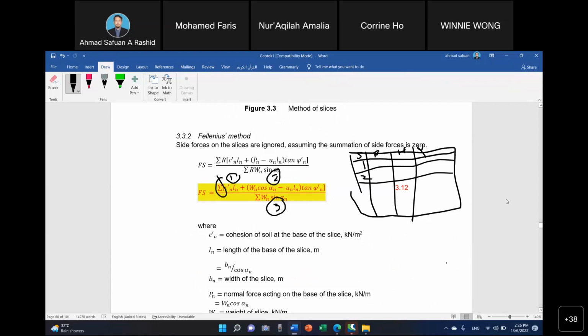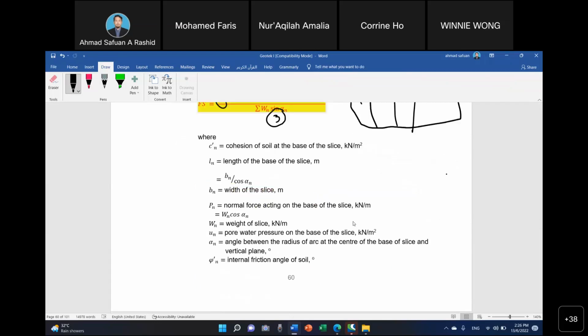That's why, as mentioned previously, it is tedious work, because it involves several slices and it consumes a lot of time to complete the analysis. However, Fillenius is more straightforward compared to the Bishop.